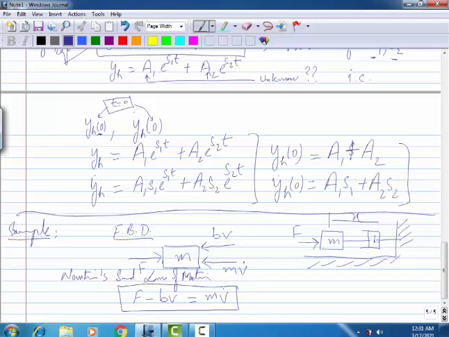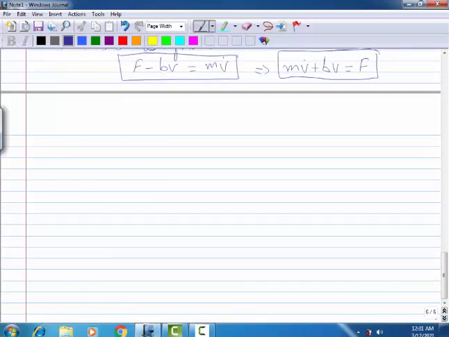Now, how do we solve this problem? If I reformulate this equation as m v dot plus b v equal to F, it becomes a differential equation which has two parts, and also has the input in it. Let's see how we solve this equation.